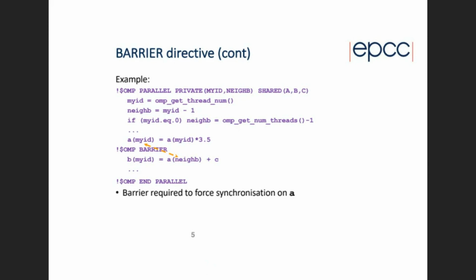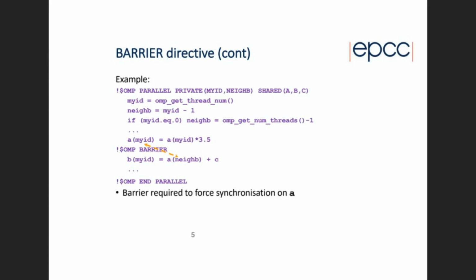If you remember yesterday, we talked about the master construct as a way of making a piece of code be executed by thread 0 only. Unlike single, master does not have an implicit barrier at the end of it. But quite often you need to add an explicit barrier at the end of a master region.